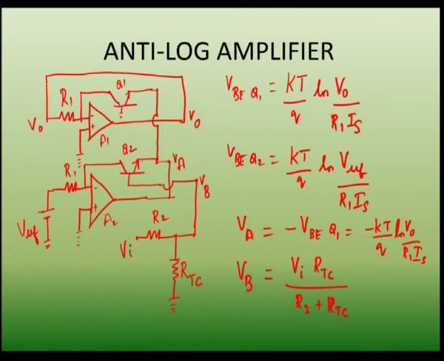So, what we have given are these equations. Here VBE of Q1 is kT by q natural logarithm of input voltage of that amplifier A1 divided by R1 Is. Why is there no negative sign here? Because we are always calculating VBE in this circuit. We have taken the base grounded and the emitter here, so we are calculating the voltage VBE, but the output voltage, if you calculate it from this terminal, is reversed.